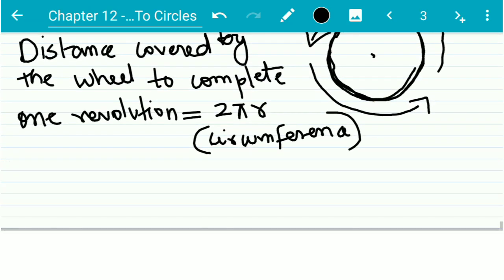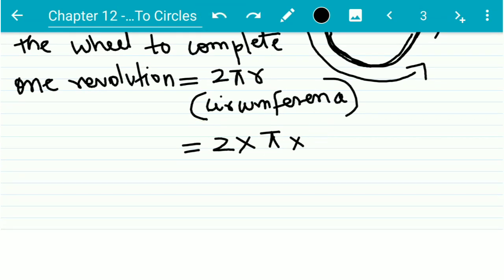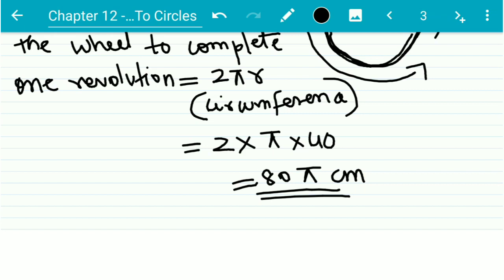So, substitute the value of radius here. 2 into pi into radius is 40. 80 by 2, 40. So, 2 into pi into 40. That means 40 into 2 is what? 80. So, I can write it like 80 pi. We'll give the value of pi at last. Keep it like this. Now, 2 pi r is equal to 80 pi centimeter. Now, we got the distance covered by the wheel to complete one revolution.